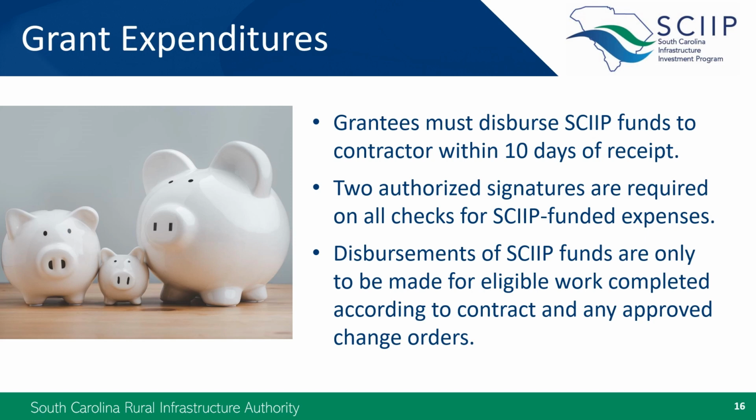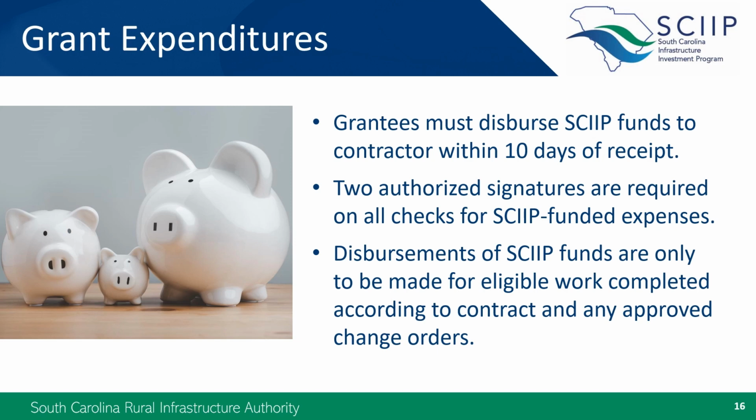You do not want to jeopardize these funds. We see too often where the checks have only one signature or 2 signatures that are not authorized for the grant. And remember, for purposes of the grant, authorized does not mean persons authorized by local procedures, but instead, persons designated on the authorized signatures for payments and checks form.